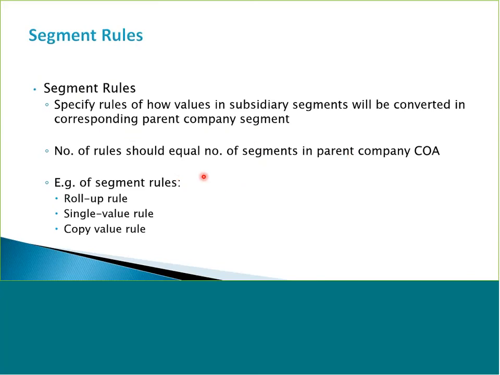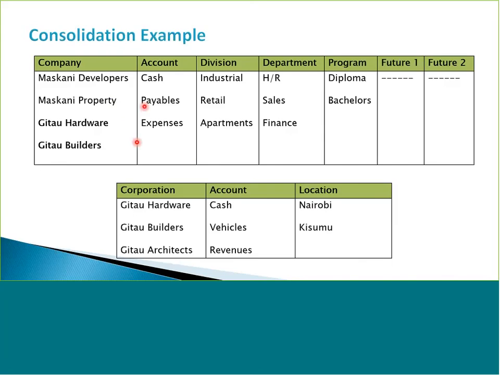That is a lot of work that you have to do. But for segment rules, you just deal with the data per segment. Okay, so you define the mapping segment to segment, which makes your work much easier compared to account rules. Okay, but apart from that, that is how you do both the segment rules and the account rules mapping.